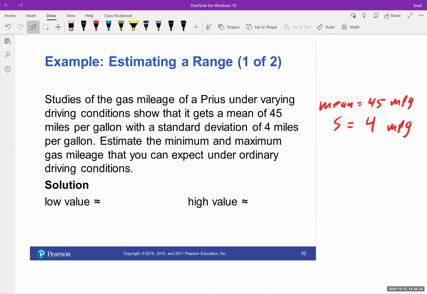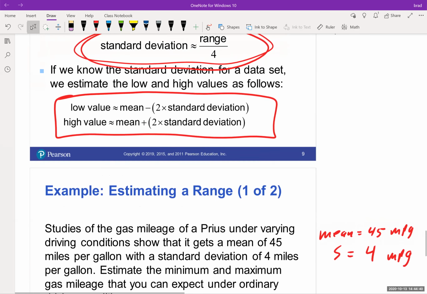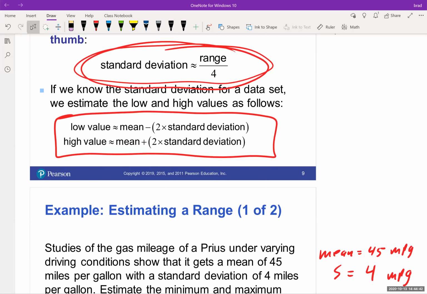Now we can't do the range rule of thumb because they didn't tell us the maximum or minimum value, but they did tell us the standard deviation. So we can estimate the minimum and maximum gas mileage that you expect under ordinary driving conditions. If we know the standard deviation of the data set, we estimate the low and high values.